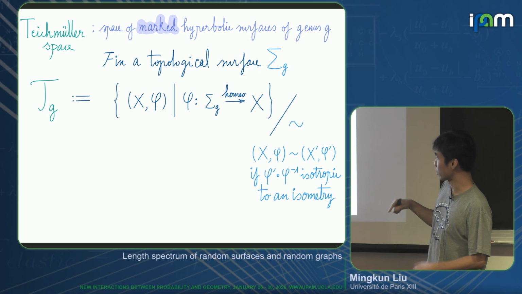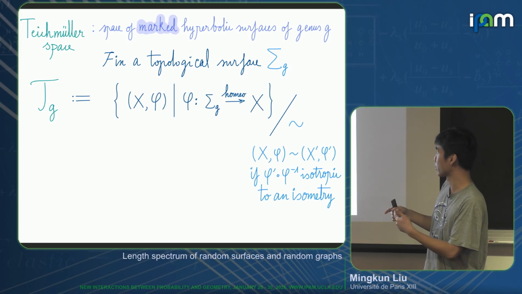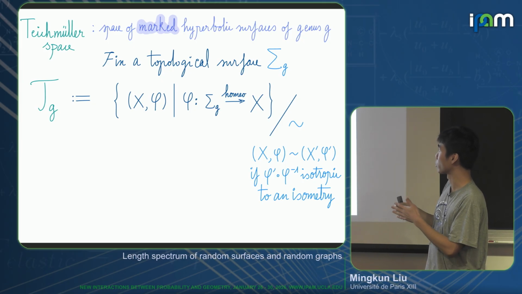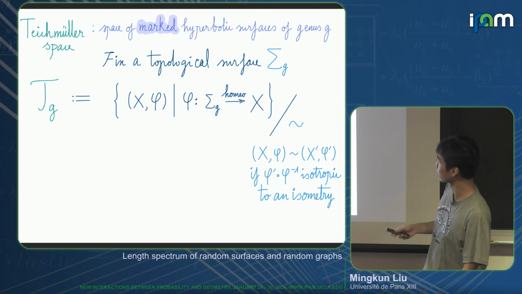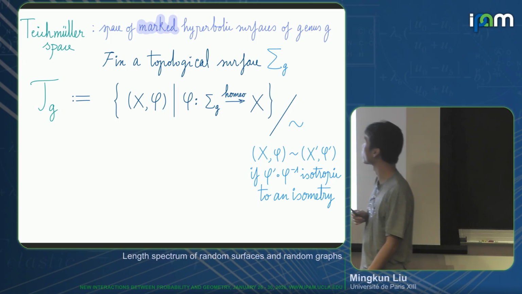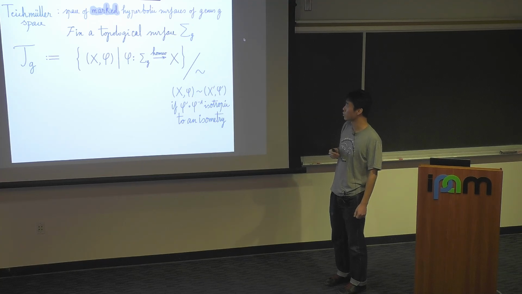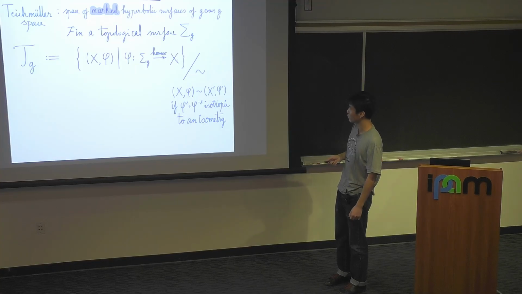Then instead of considering the space of all surfaces, you consider the space of all surfaces equipped with a marking phi, which is a homeomorphism from the reference surface Sigma_g to the hyperbolic surface X.